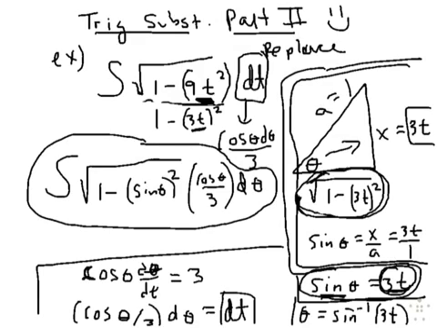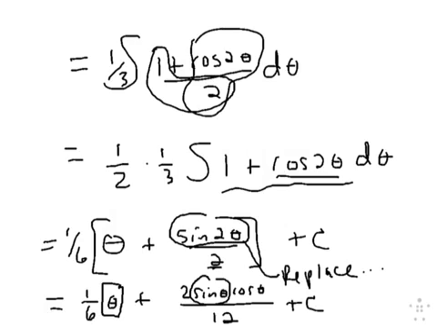Theta was inverse sine of 3t, and sine theta was 3t. So theta we're going to replace with inverse sine of 3t. Go back and get your original variable, in other words. And sine theta itself was 3t.